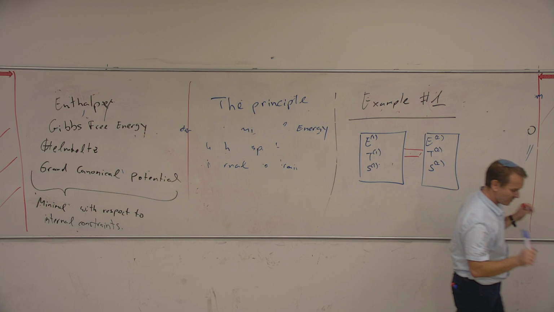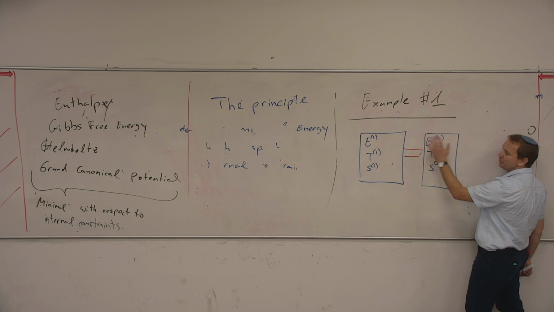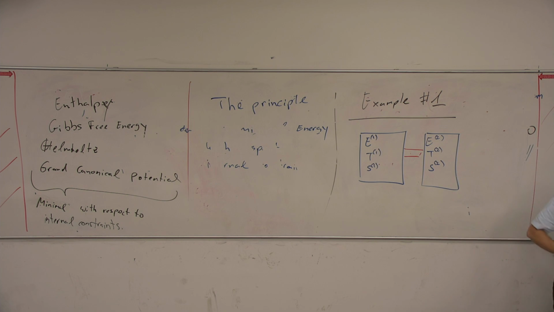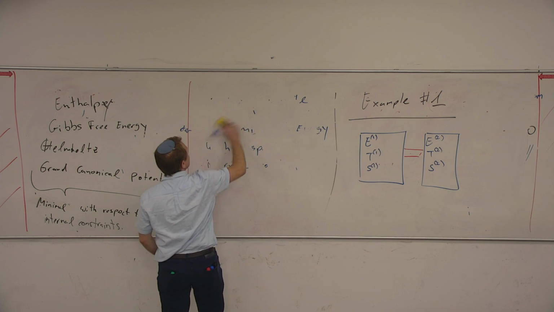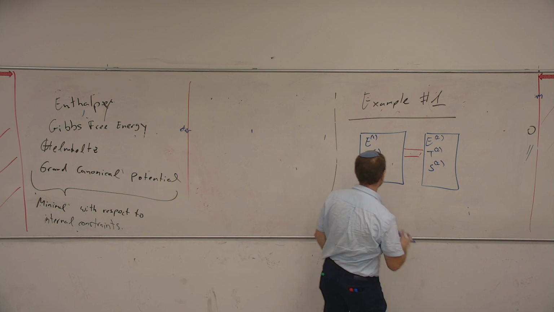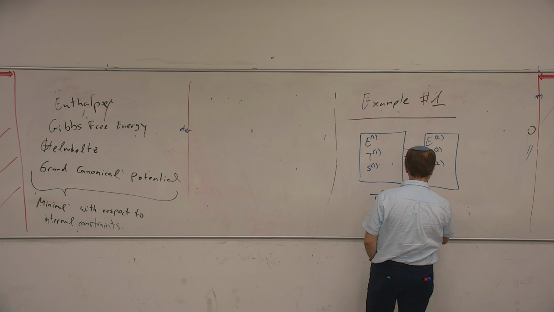Let's be specific: we allow heat to flow from one system to another, and they have reached some sort of equilibrium. So the question is, how is T1 related to T2?